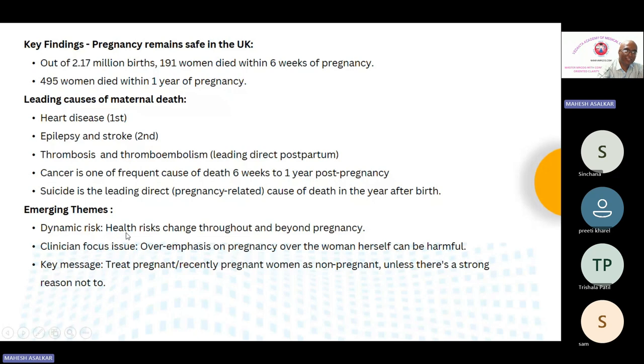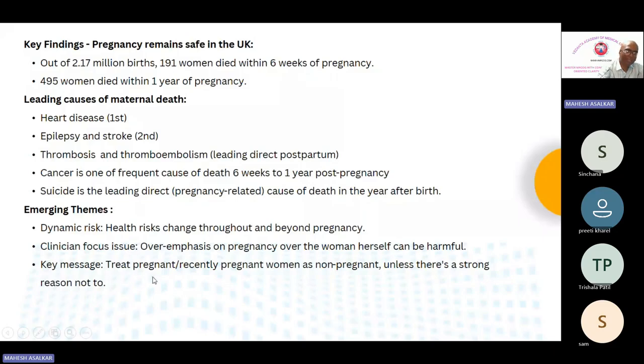Second, the clinician is the focus in this report. The burden is not given to the patient or the pregnant woman, but it is the clinician's responsibility to guide and arrange for the services. Then what is the key message? Treat pregnant and recently pregnant women as non-pregnant unless there is a strong reason not to do so.